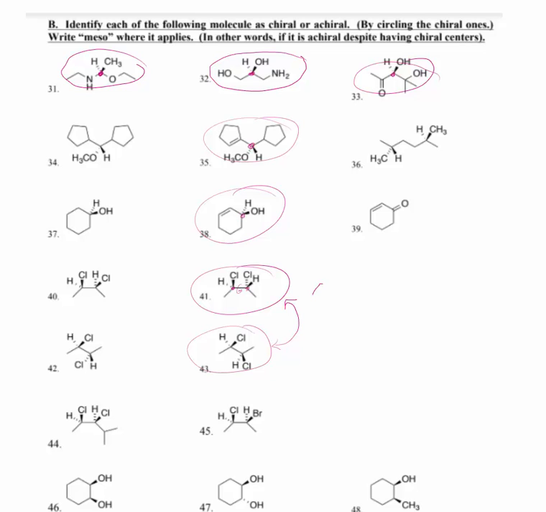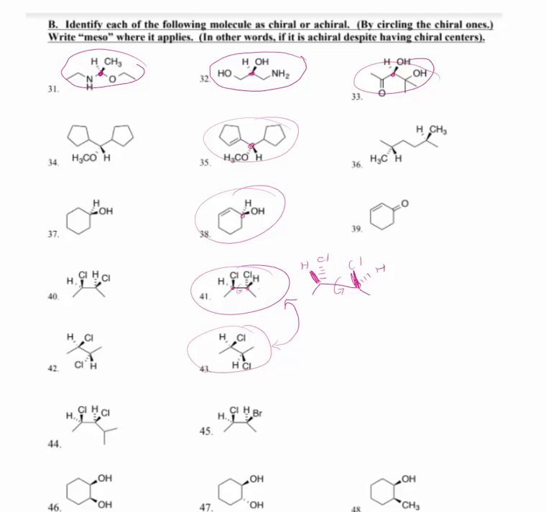And that is because, and I'm just going to draw the mirror image real quick. So here I have my chlorine and my hydrogen, and here I have my hydrogen and my chlorine. So I can't rotate this around and get this in order to superimpose. I can't just turn the molecule and make it fit.